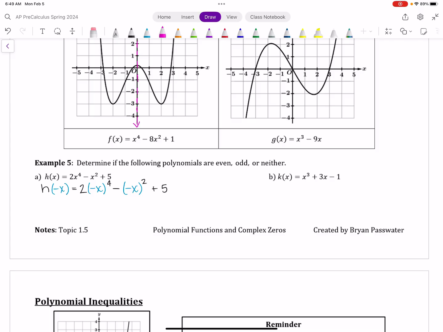And then if we think about simplifying that down, because our exponents are even, anything raised to an even power is positive. So we're going to have 2x to the 4th power minus x squared plus 5. And because that is the same as h of x, that means that h of x is even.